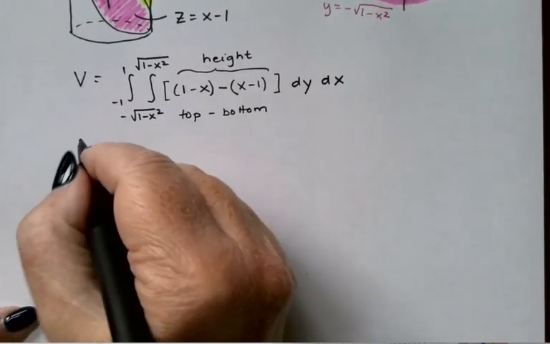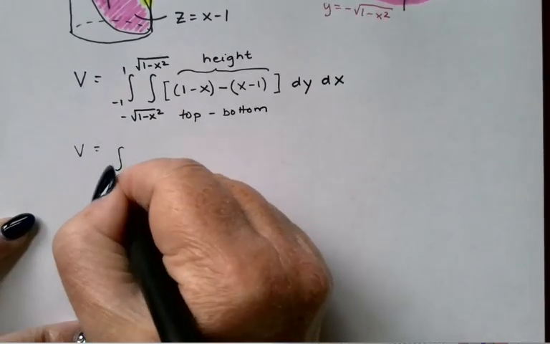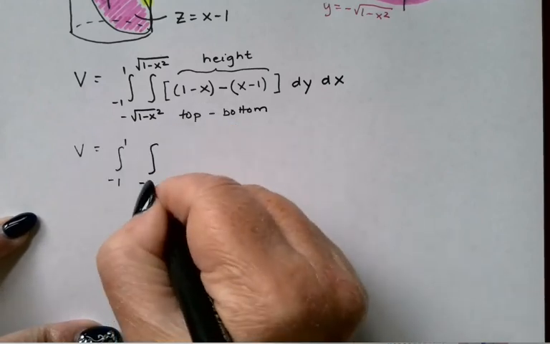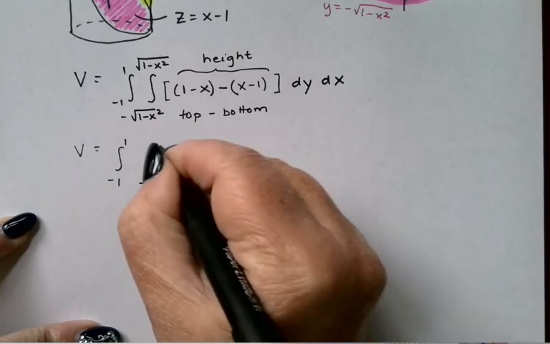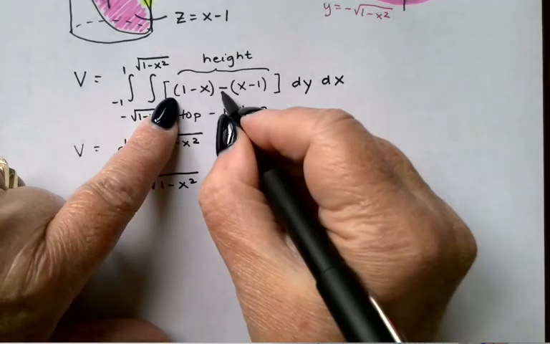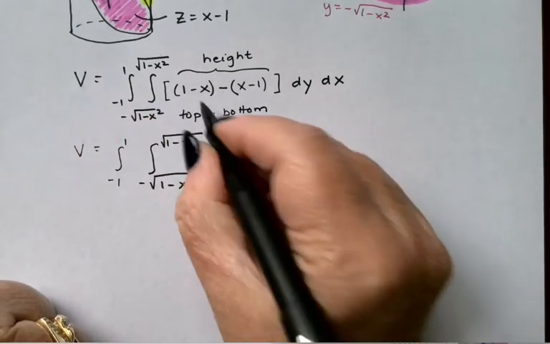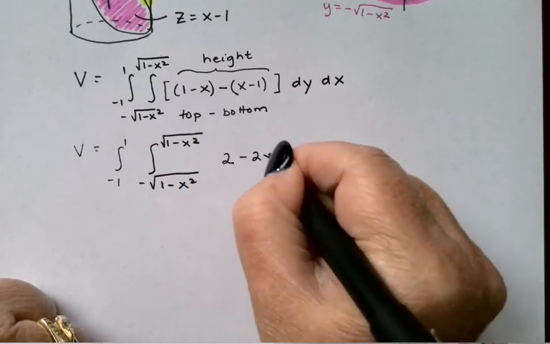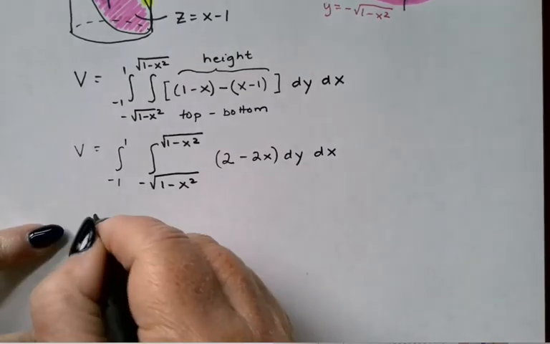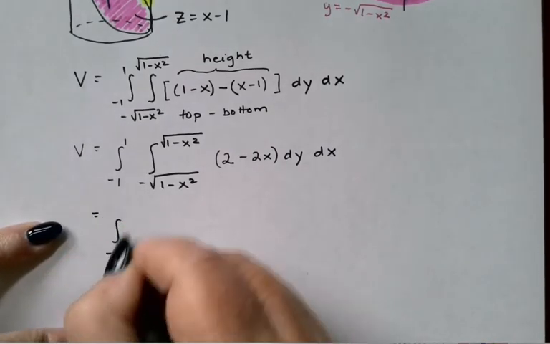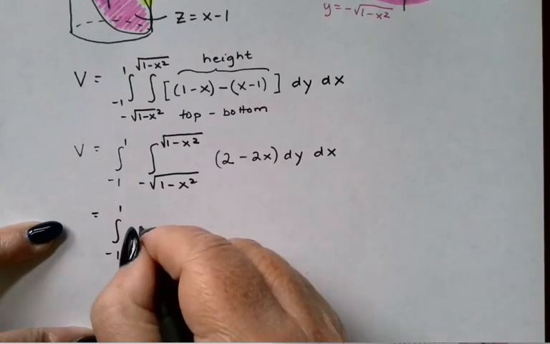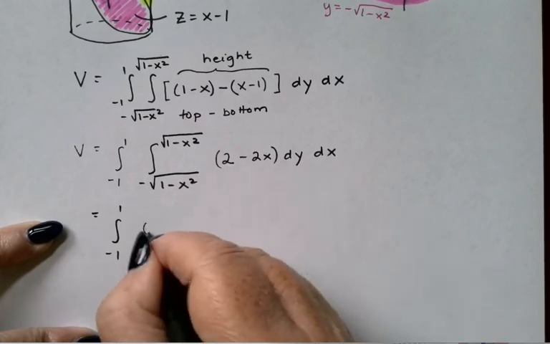All right, let's simplify that just a little bit, and then we'll integrate. Let's see. I'm going to have 1 minus a negative 1, so that'll be 2. Minus x would be a minus 2x. And so integrating, I'm going to say that's all constant with respect to y.